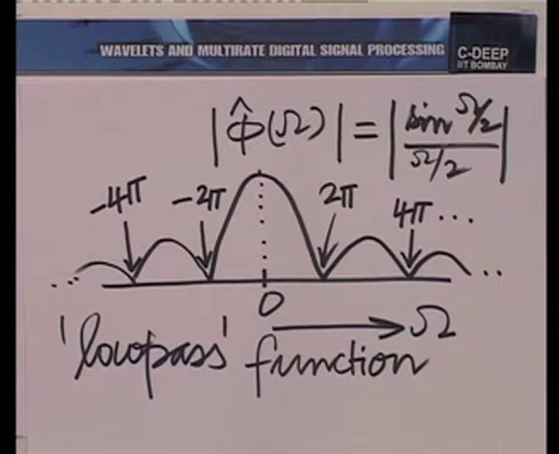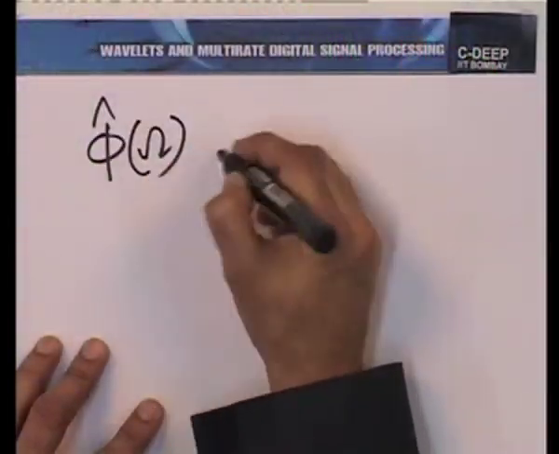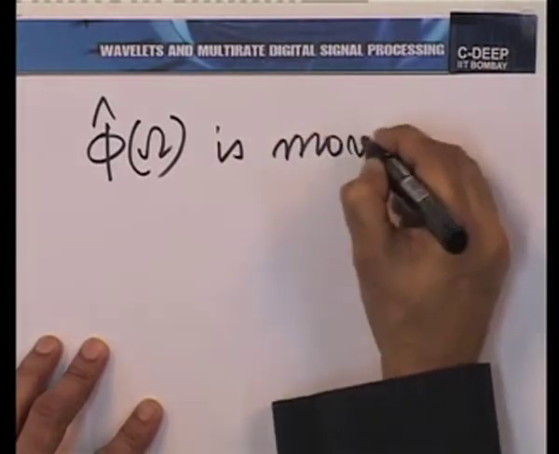In fact, just as we tried to build the idea of ideality in a filter bank, we also would like to build the idea of ideality in this phi t. The ideal phi t is actually the ideal low pass function. It is a low pass function which is like a brick wall. So, in some sense, phi t in the spectral domain or phi cap omega for that matter is moving towards the ideal.